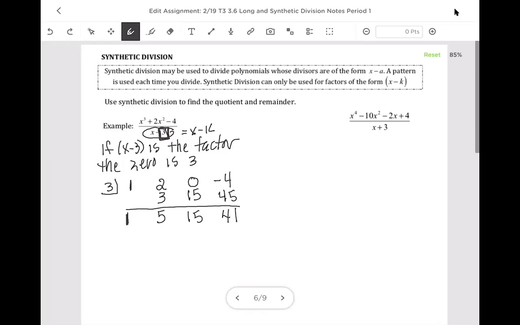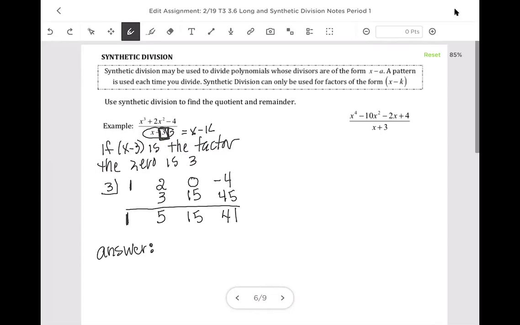What do those numbers mean? Well, let's go back to what we were doing originally. We were dividing, right? So my answer is a polynomial. So the 1, the 5, and the 15 form a polynomial that is always 1 degree less than the original.